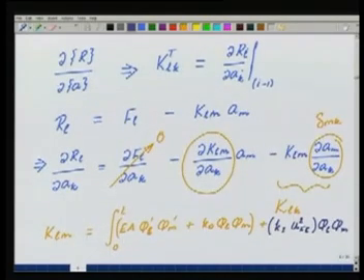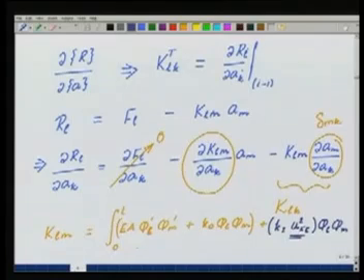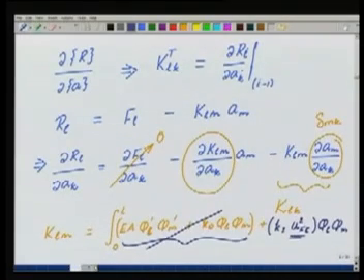Now U_FE squared is in terms of these coefficients themselves. So then I will get del K_LM by del A_K. From the first part, the derivative will give me 0 because this part does not have the A_K sitting there. Okay, so this part will get knocked off. So the linear part will not contribute to this.